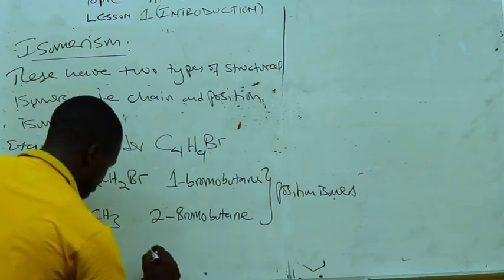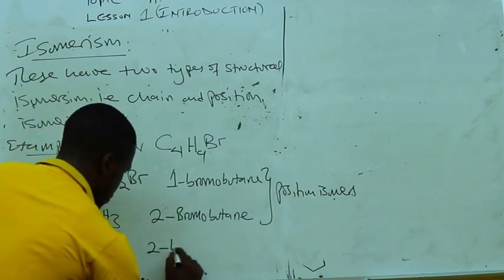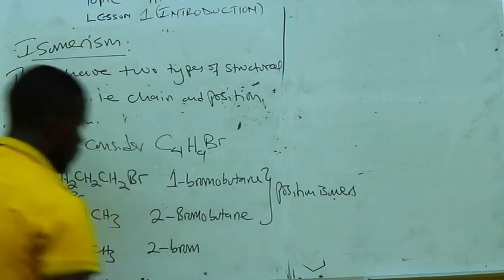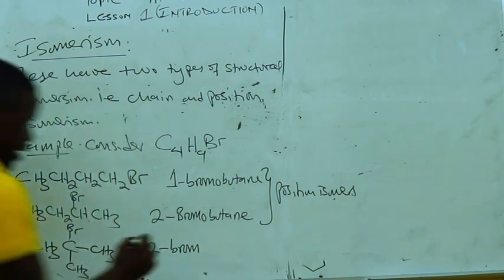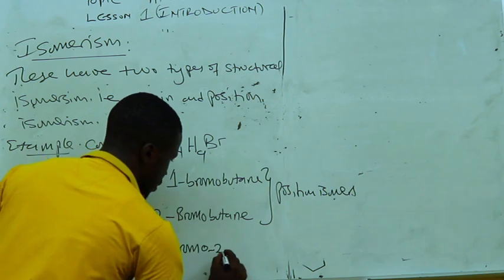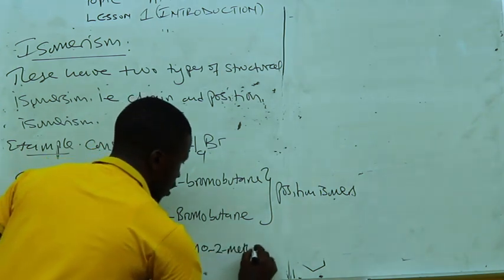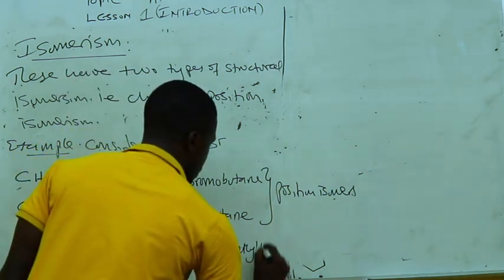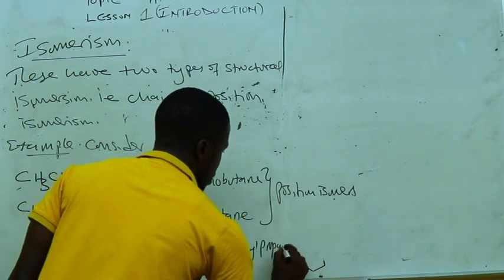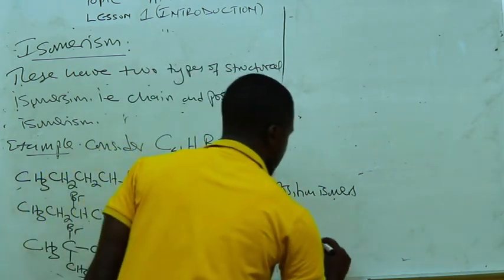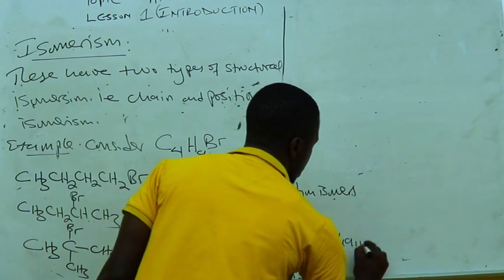This is 2-bromo, but also on the second there is 2-methyl. And the main carbon chain is propane. Now, this is a chain isomer.